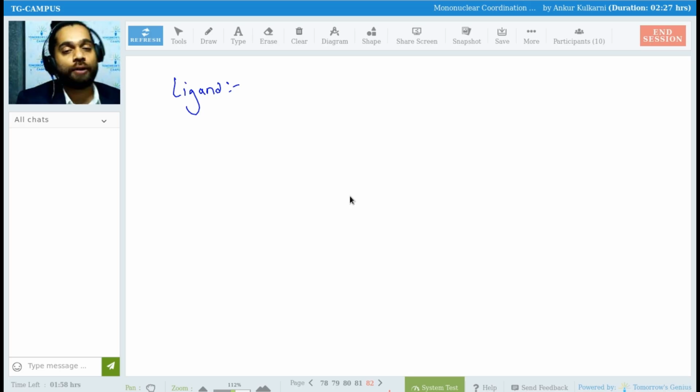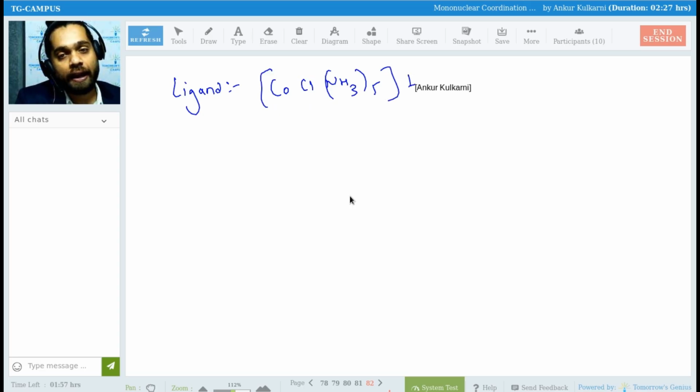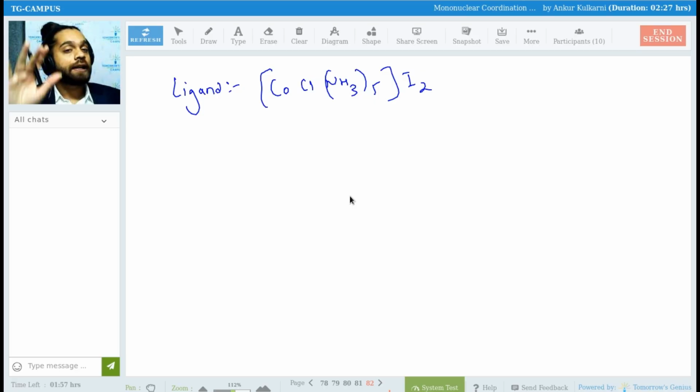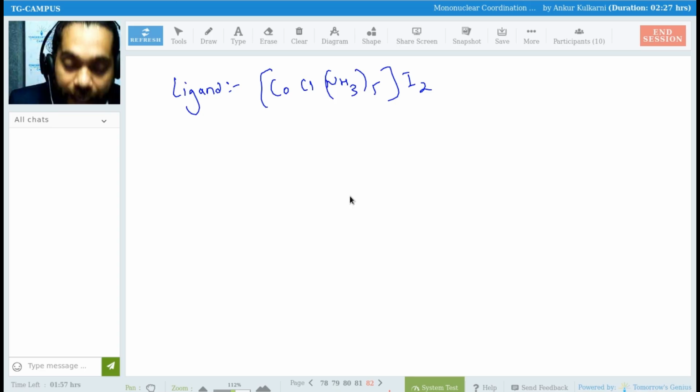Let us take again the last example, [Co(NH3)5Cl]I2. Whatever is written in the square bracket, except the central atom and counter ion, are your ligands.